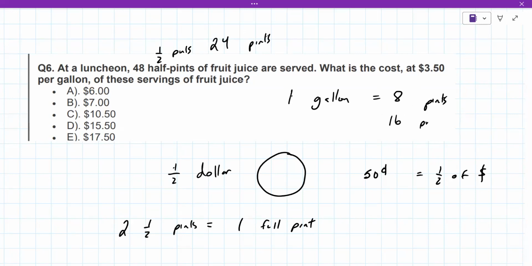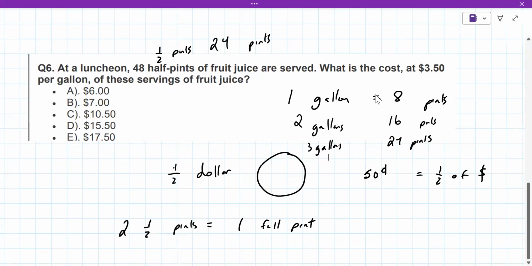So 16 pints is 2 gallons. 24 pints is 3 gallons. So 24 pints is really 3 gallons.